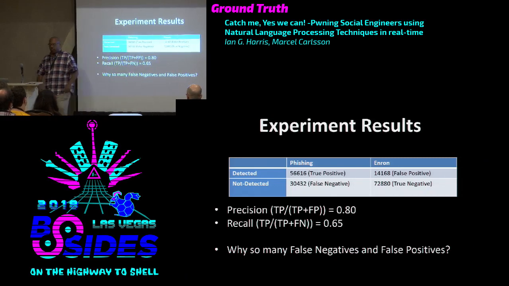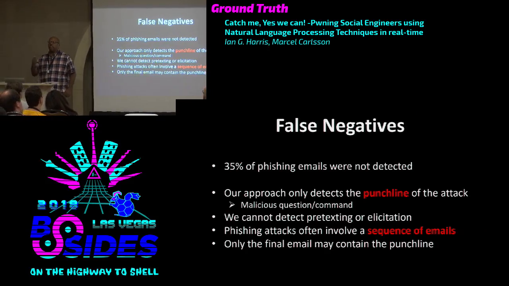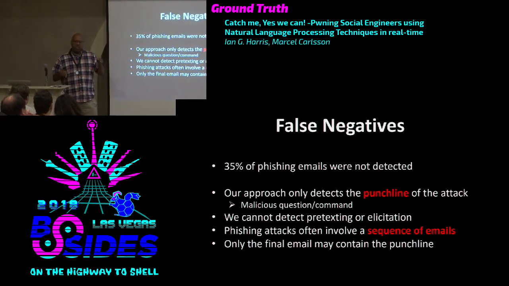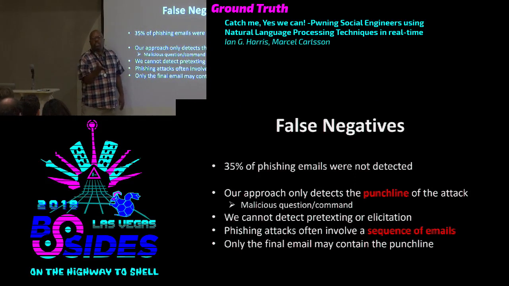Let's start with the false negatives. The phishing emails. So 35% of the phishing emails were not detected as phishing. So why did it fail so badly in that sense? Basically, what I did was I had the students look at 100 of these false negatives and manually figure out why they weren't detected. And what happened is, we just detect this punchline, okay?